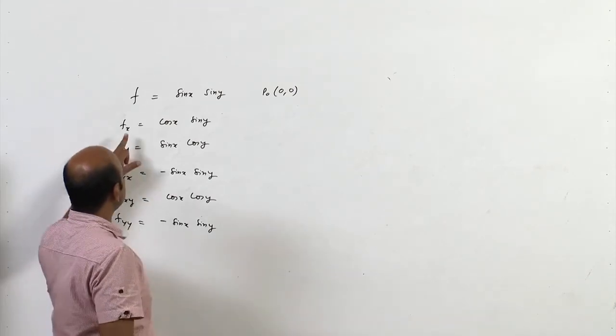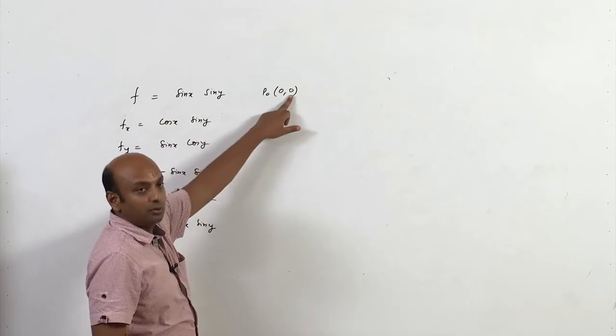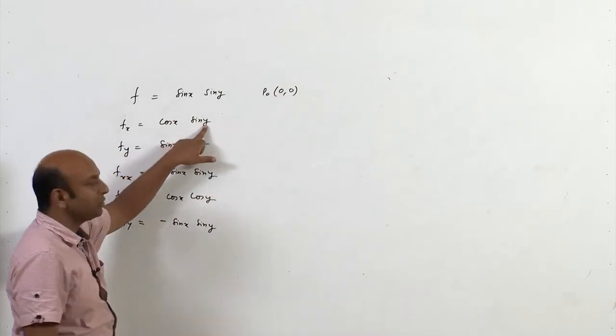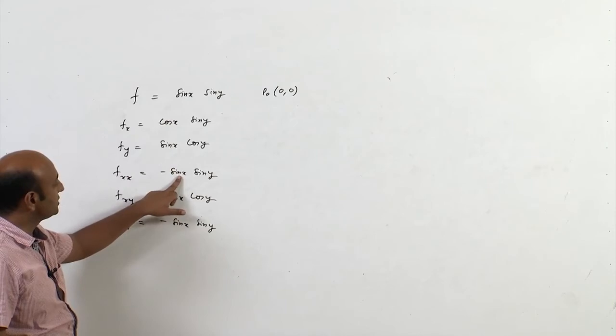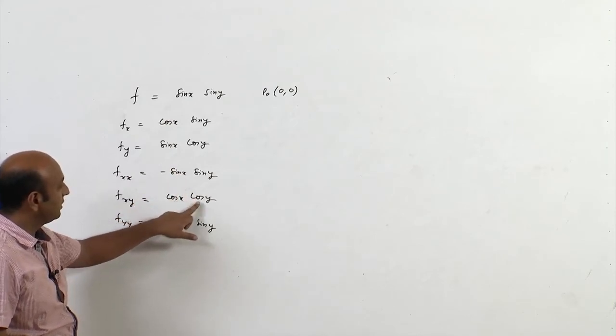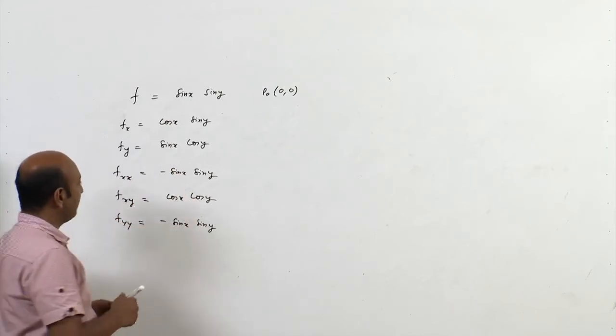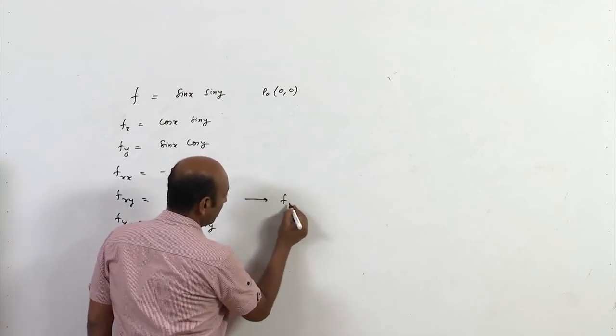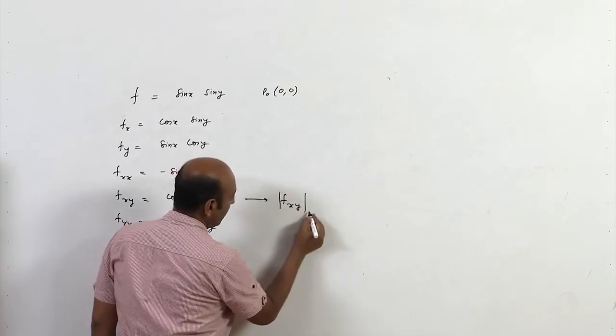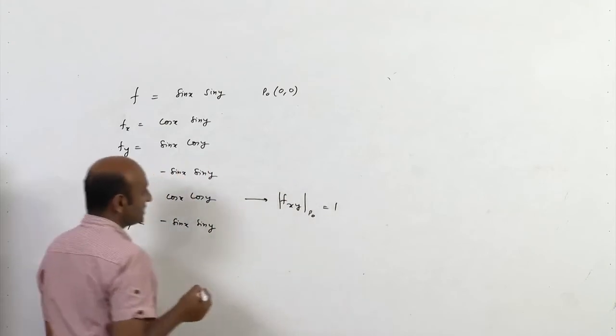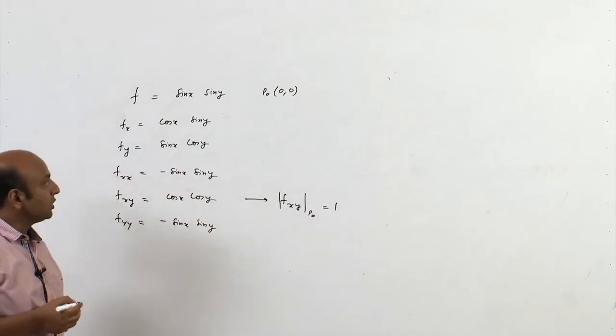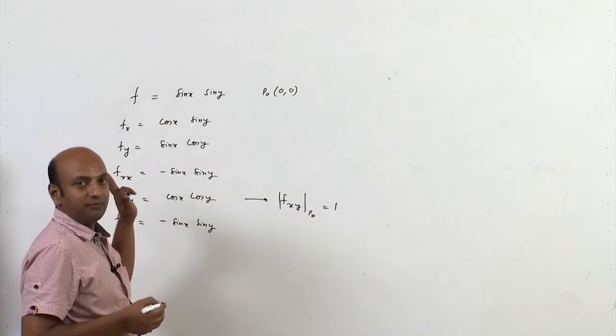Now, these values at (0, 0): this is 0 because of sin 0, this is 0, this is 0, this is 1 and this is 0. So, we are left with only one value at p naught, which is f_xy. Now, what is the quadratic approximation of any f?